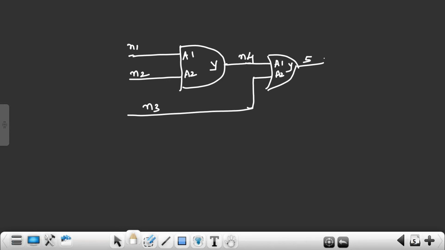This is the N5 net and it's connected to one inverter. This inverter has an A pin and an output Y pin, with the N6 net at its output. So these are the three gates we have. And the N1 net is connecting to one input port.